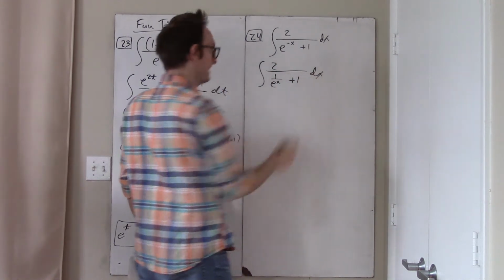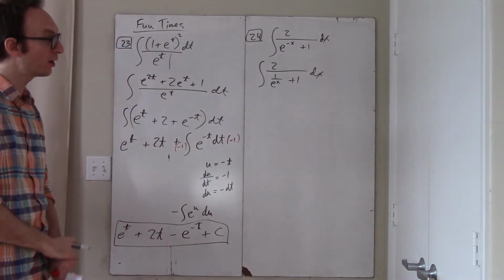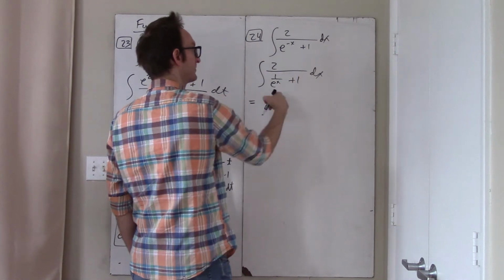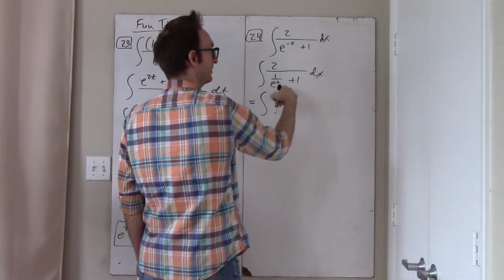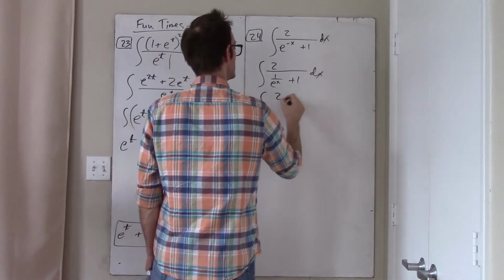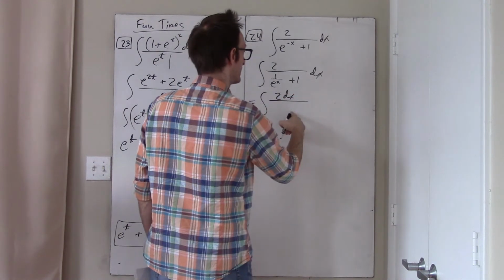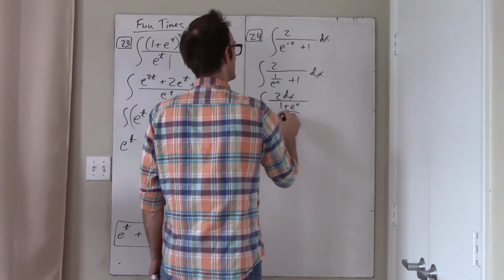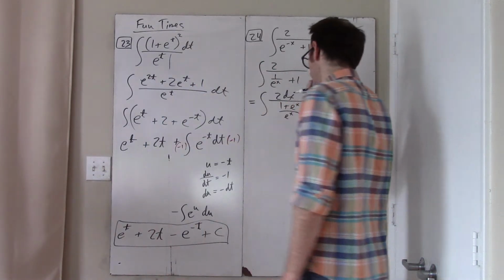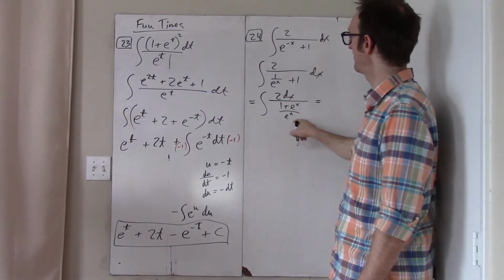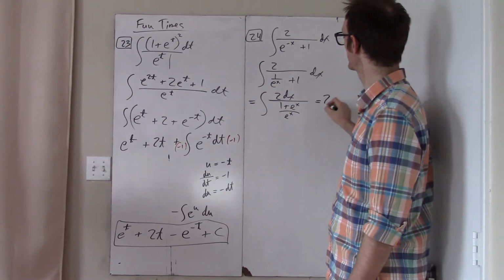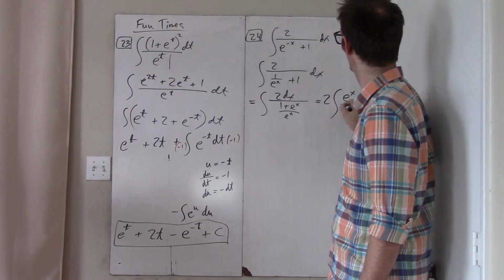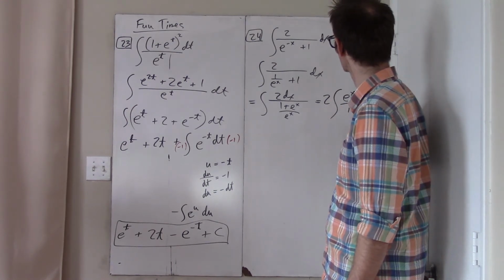That might seem more complicated, but I can continue by getting a common denominator in the denominator. So that's 2 dx over 1 plus e to the x over e to the x. By fraction rules, this becomes 2 e to the x dx over 1 plus e to the x.